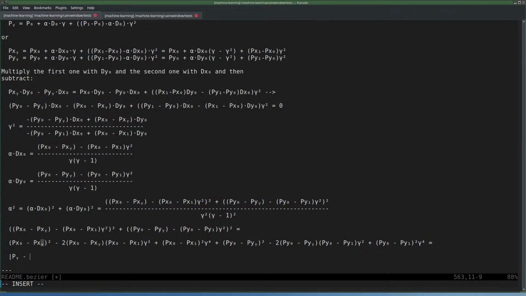I'm negating it because we are in the code working with this. 2 squared, oops. So that's this plus that. And then here we have another square. Well, that would be the square of the length of P1 minus P0.